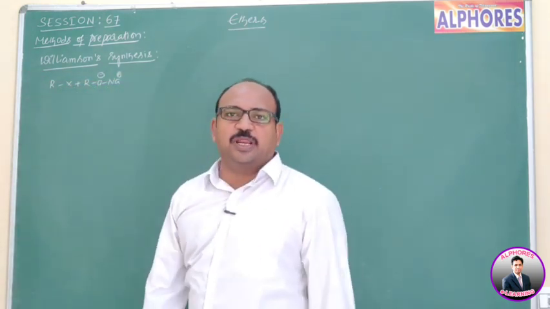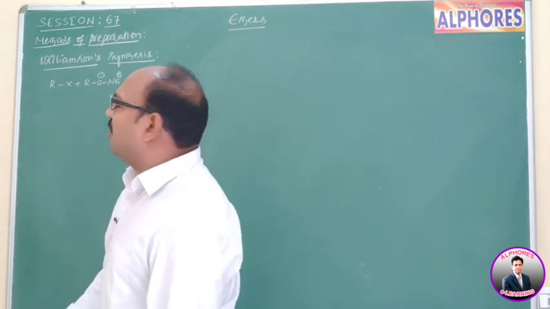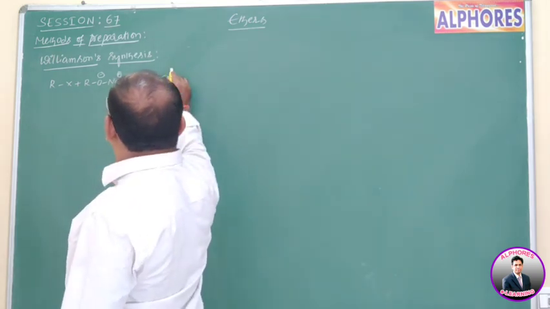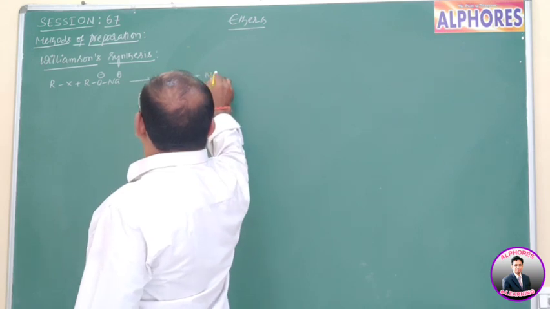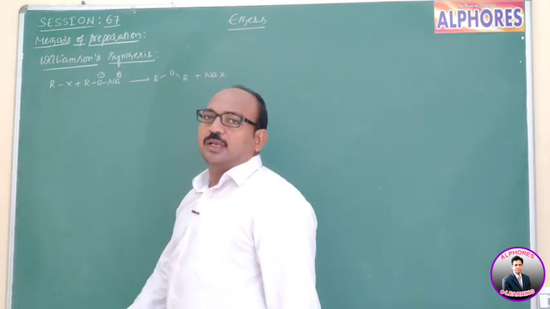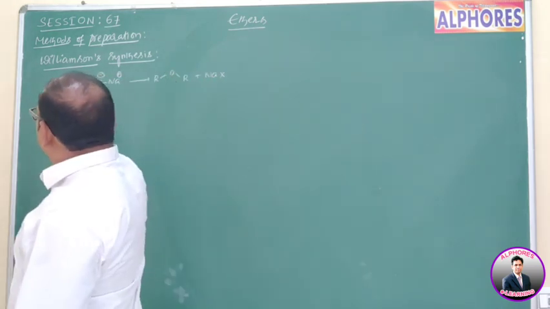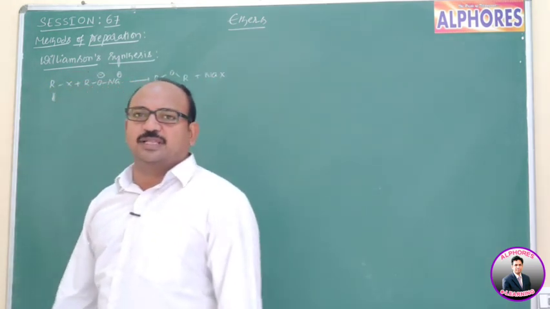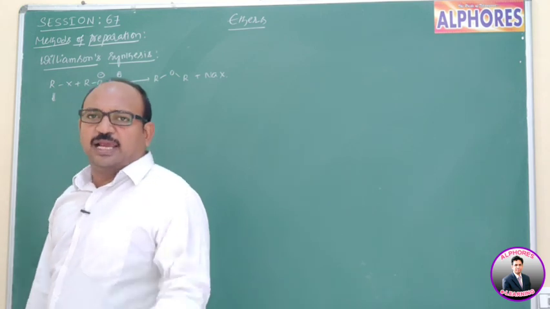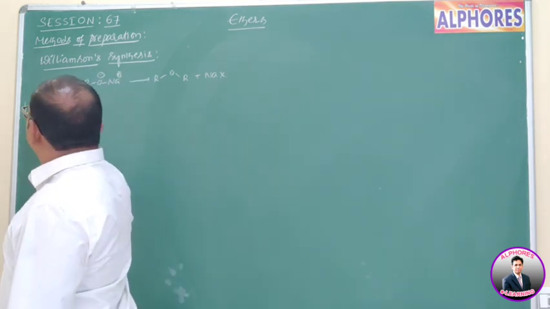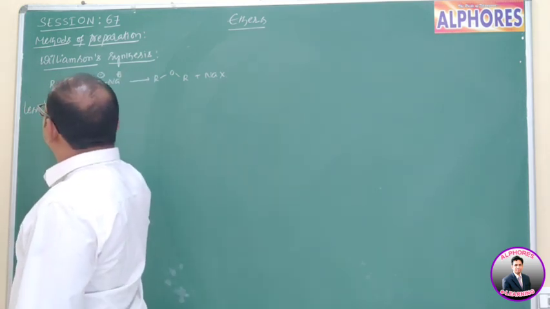Alkyl halide upon reaction with sodium alkoxide gives ether. Now, the alkyl halide must be primary here in Williamson synthesis. Alkyl halides must be less hindered.